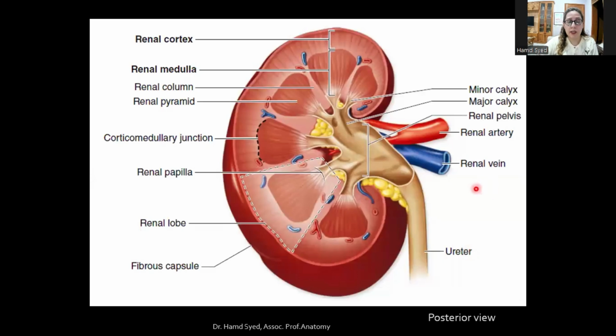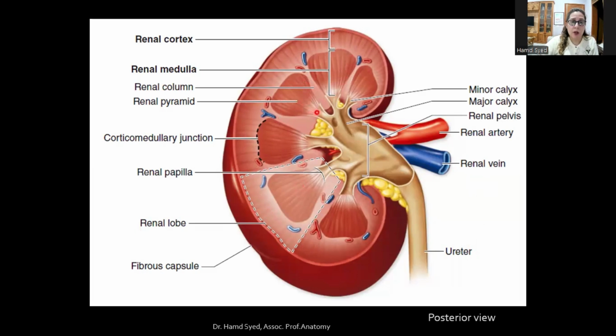So now we're going to look at these parts that we've just discussed in this simple diagram, which is showing the macrostructure of a hemi-section kidney. Over here, like I told you, the outer part beneath the capsule, this here is the cortex of the kidney, the renal cortex. And then the inner portion, this here is the renal medulla. In the medulla, you can see these here are the renal pyramids. 1, 2, 3, 4, these are the renal pyramids.